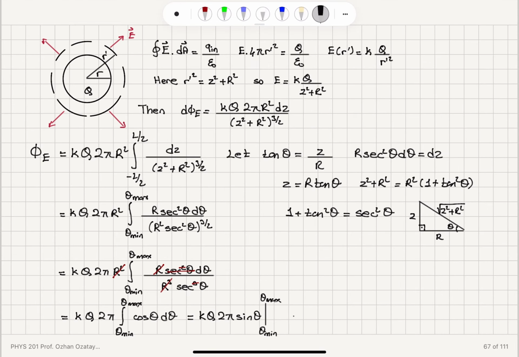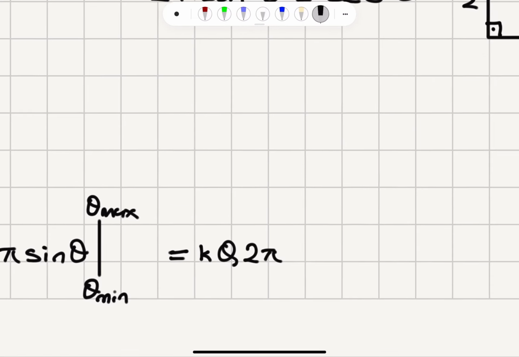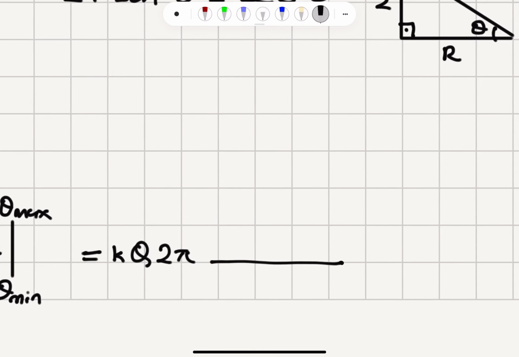So if I substitute that for sine θ here, this is kQ 2π z divided by the square root of z squared plus R squared, the hypotenuse.